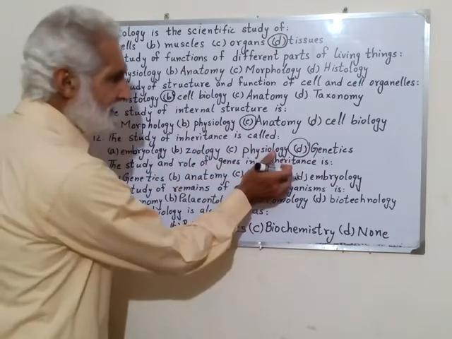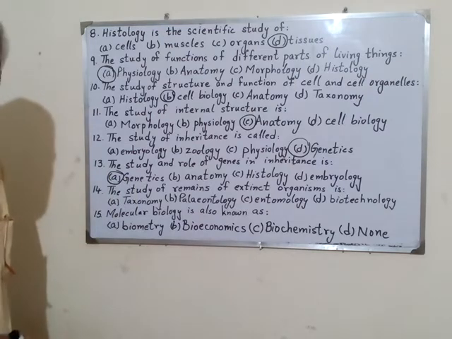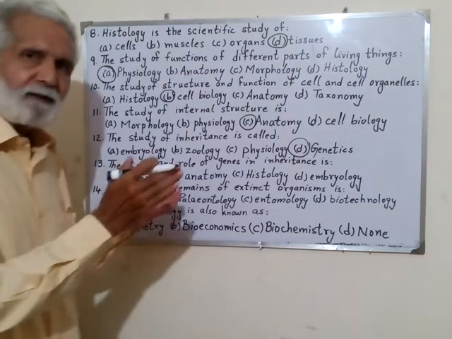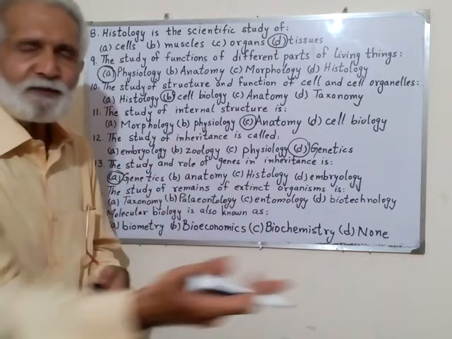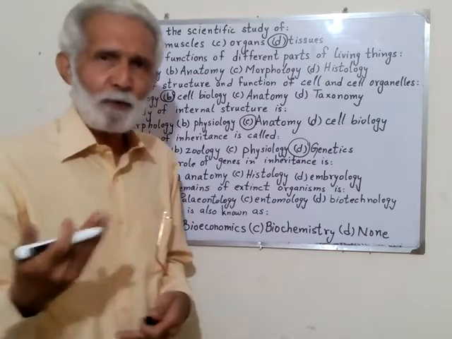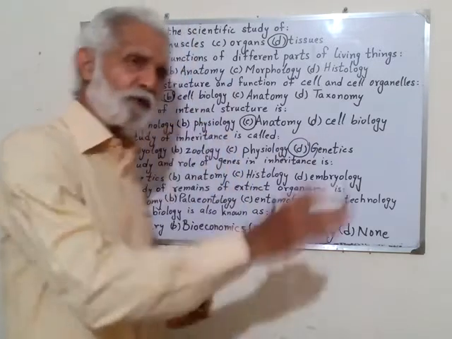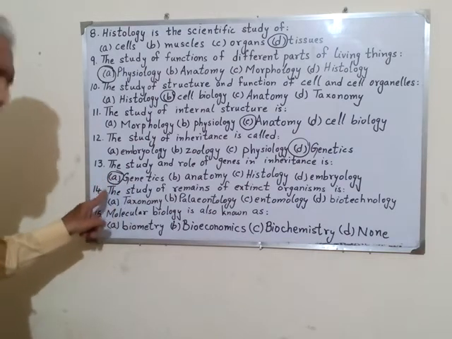So whenever inheritance comes, we know that the answer is genetics. Because the function of genes in inheritance is to transfer the characters and different properties, qualities from parents to offspring. So this 12 and 13, both answers are genetics.